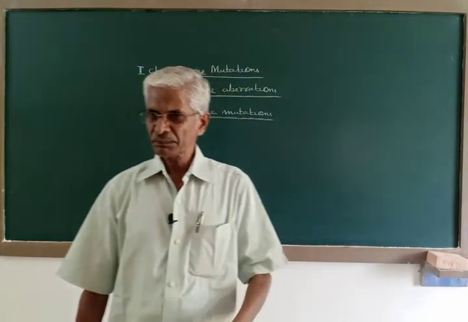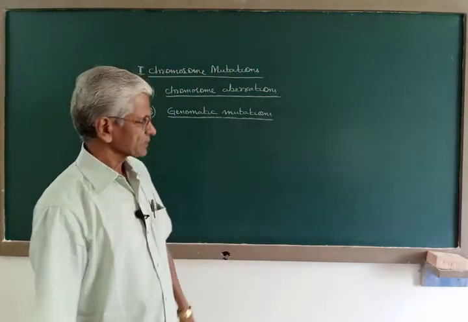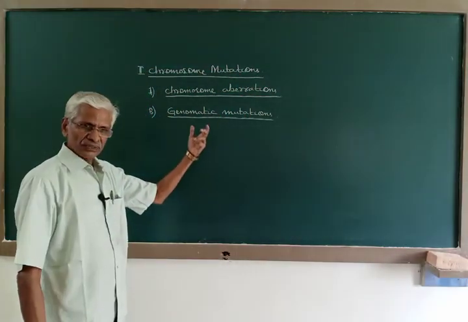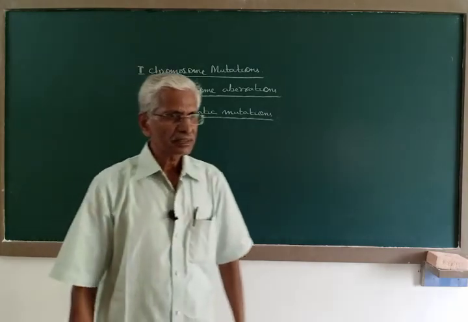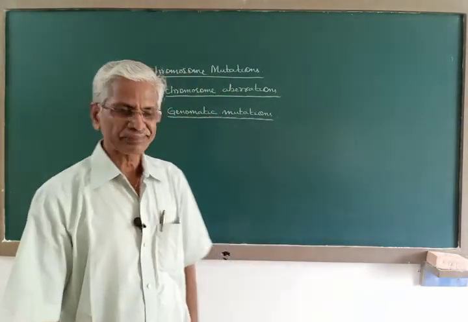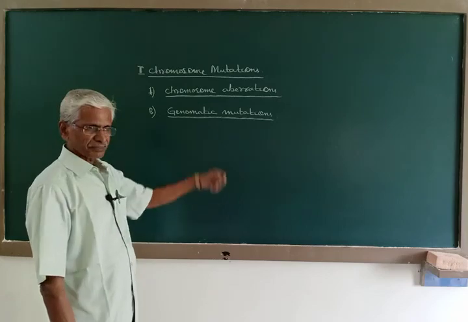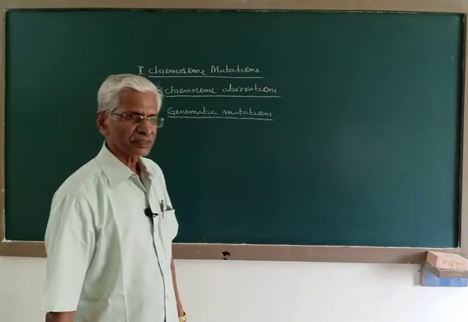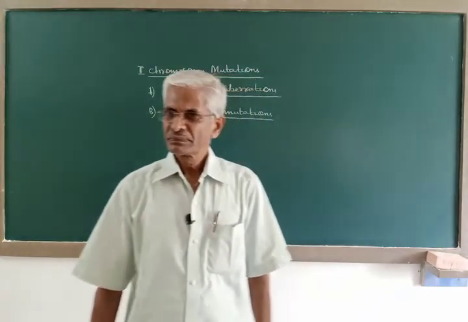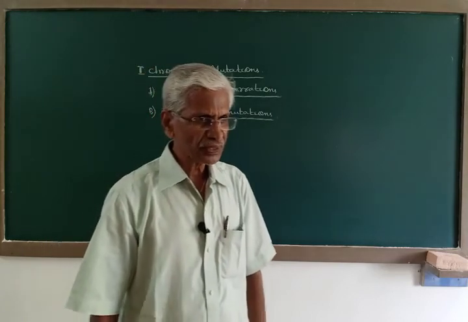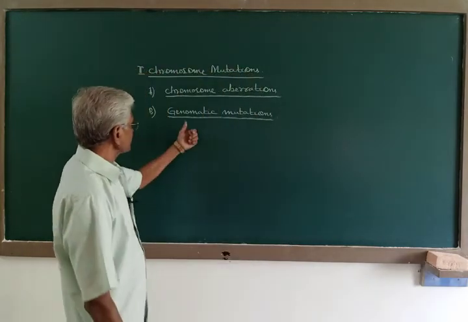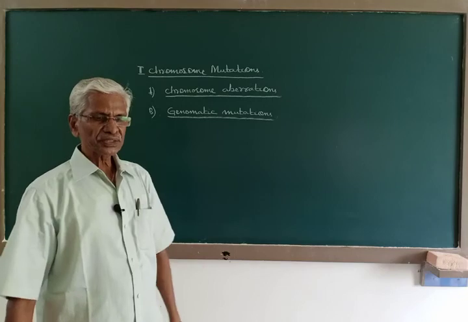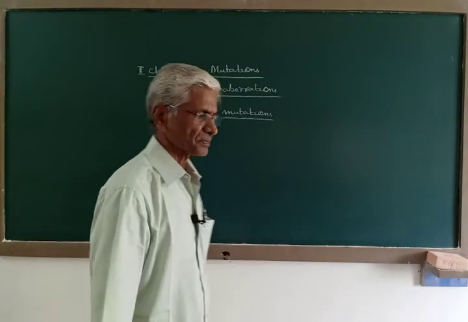Any change in the number of the chromosomes also is a kind of mutation. So such mutations which involve change in the number of the chromosomes are called genomatic mutations.